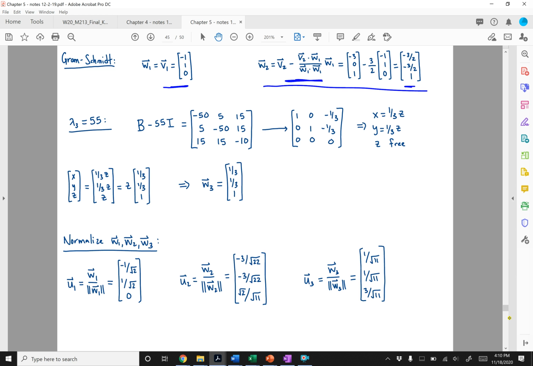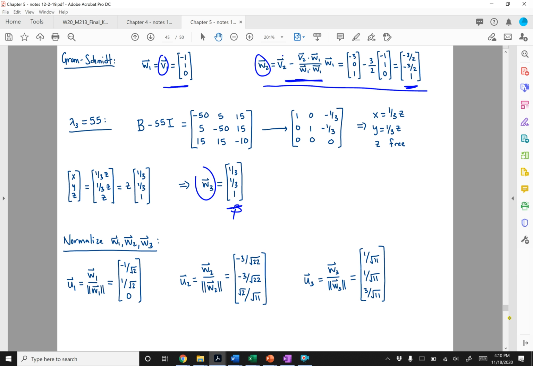And we get a vector that's orthogonal to V1. Now for 55, we subtract 55 from the diagonal. Row reduce. We've got a one-dimensional null space, and we get a basis for that null space. And so now we have our three vectors: V1, W2, and W3. Because V2 was the one we had to change.